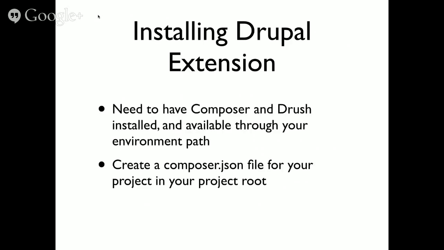All right, to install the Drupal extension, you need to have Composer and Drush available in your environment path. The very first thing you're going to do is create a composer.json file for your project in the root folder of your Drupal installation. Wherever your index.php file is, that's where you're going to put your composer.json file.